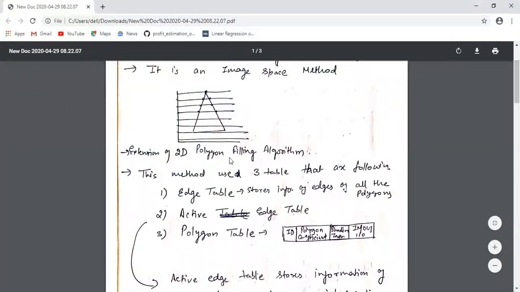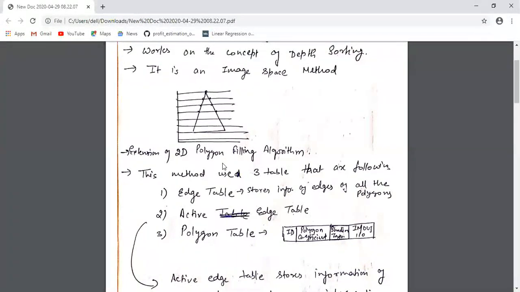This algorithm is the extension of the 2D polygon filling algorithm. We haven't covered that algorithm because it is not in your syllabus. But what is the two-dimensional polygon filling algorithm? In such an algorithm, we use scan lines, and this is our object.